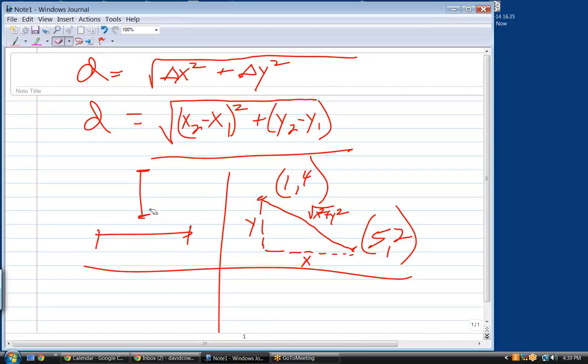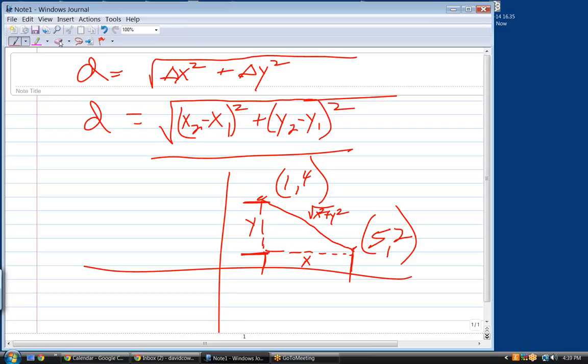So the only time it's hard at all is when it is a line with slope, like that. But just know that that line is always the hypotenuse of a triangle that you can create. And this side is the difference in the x-coordinates. That side is the difference in the y-coordinates.